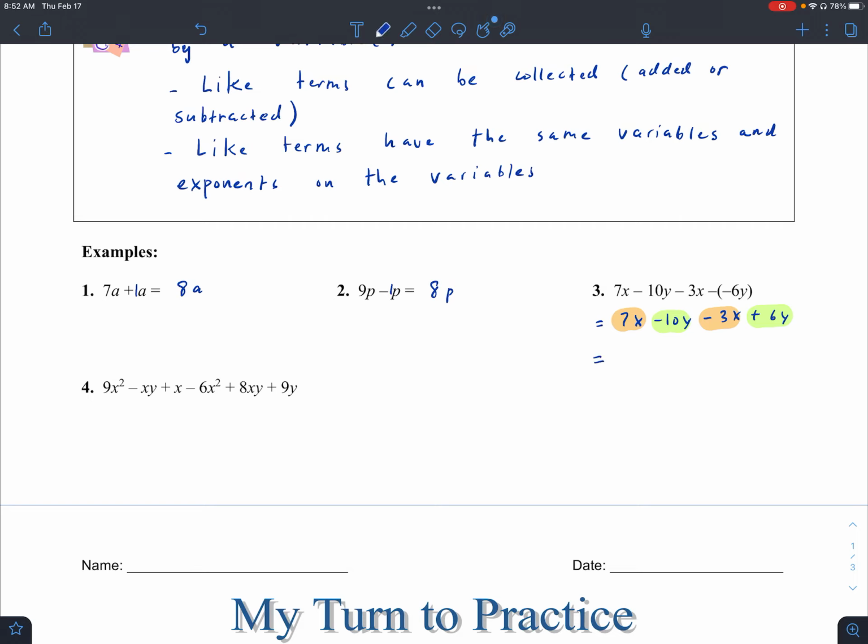So 7x minus 3x is going to give us 4x. And negative 10y plus 6y. So recall that if you're starting at negative 10, you're going to have to go 6 to the right along the number line to get a less negative number. So that's going to give us negative 4. So minus 4y.